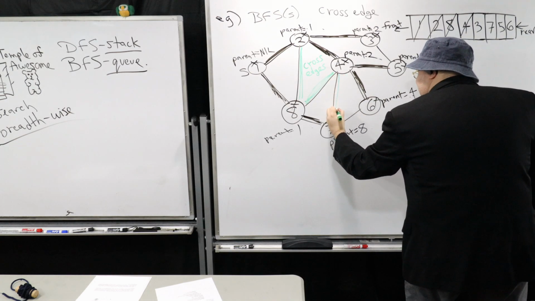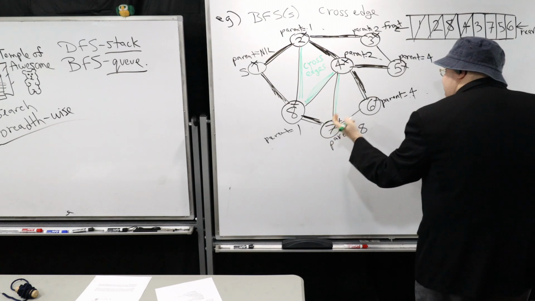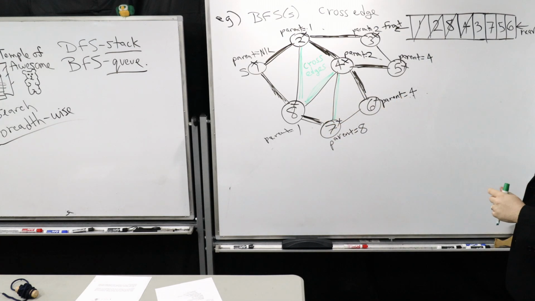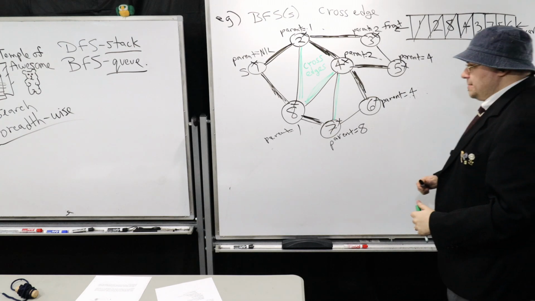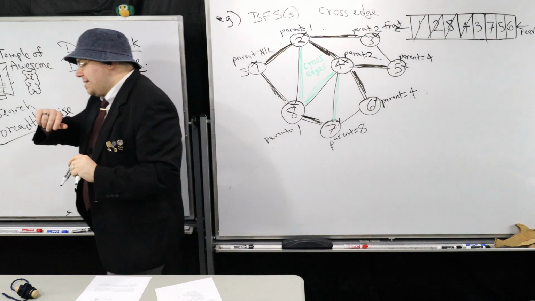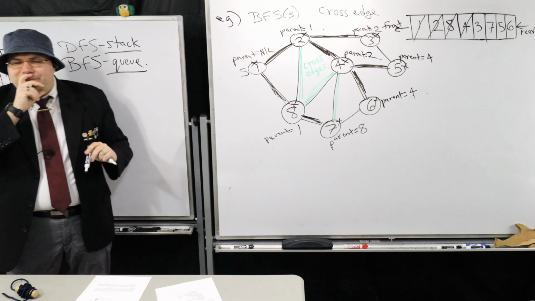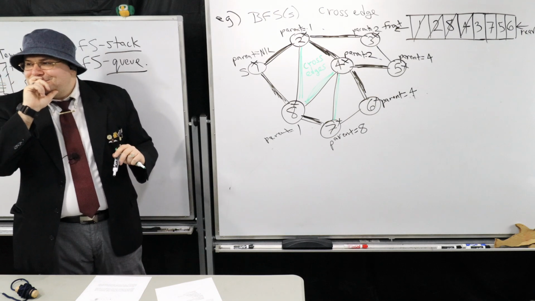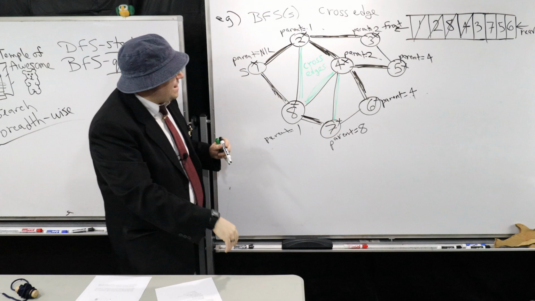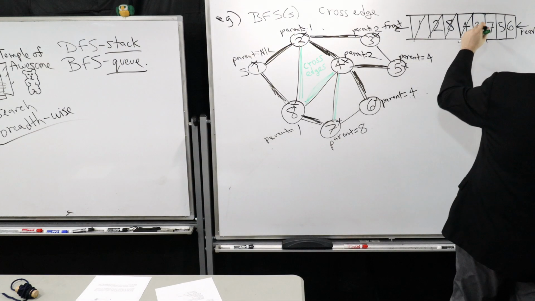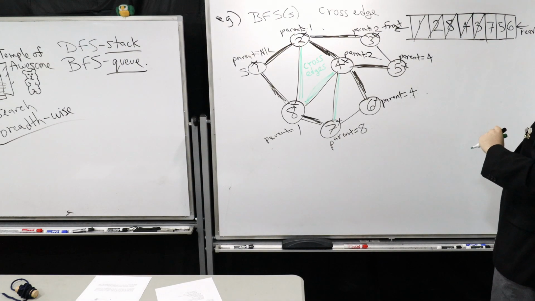This is a cross edge, right? Because its opposing endpoint is already marked. So we've considered all the incident edges on 4. We're done. What do we do next, everybody? DQ 3. Yeah, exactly. So you're starting to get the idea of how this works out. So we're going to DQ 3.